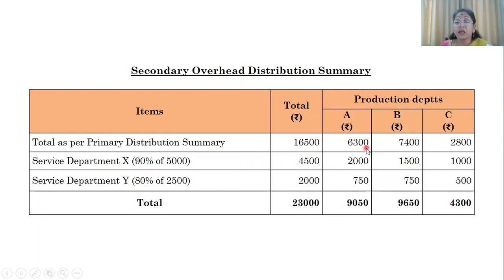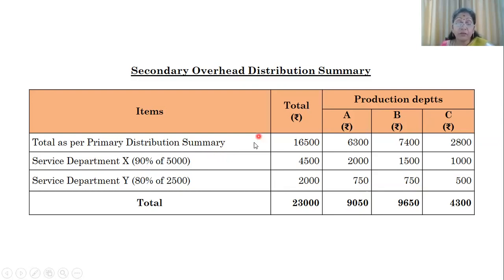A: 6,300 plus 2,000 plus 750, we will get 9,050. And B: 7,400 plus 1,500 plus 750, you will get 9,650. Then C: 2,800 plus 1,000 plus 500, we will get 4,600. This is what we call the cost.